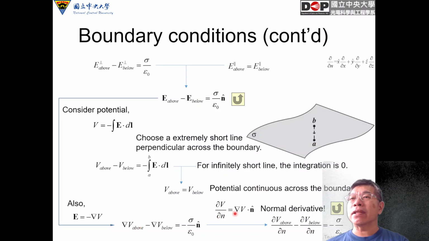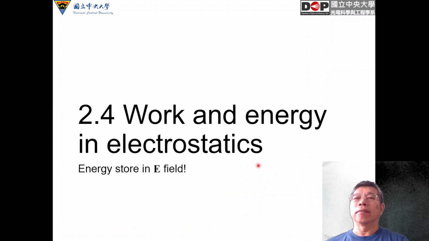So it gives us the normal derivative of the potential across the boundary. The normal derivative of the potential above minus the normal derivative below is equal to the negative of the surface charge density over epsilon. So that's it.